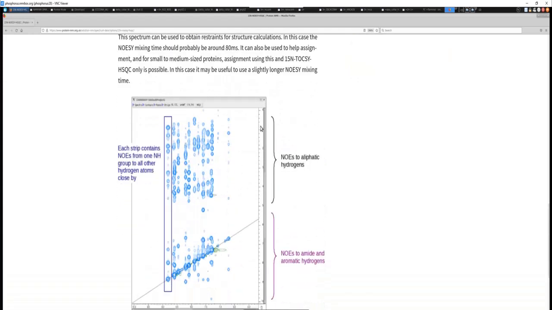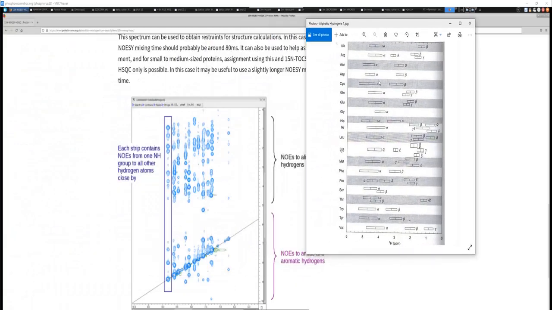Higher up here at around 1 to 2 to 3 to 4, this is where your H alphas and your H betas show up, right? So if I bring back this here, your H alphas show up between 4 to 5. Your betas can show up between 2 to 4. And you can even get some methyl groups, but from 0 to 1.